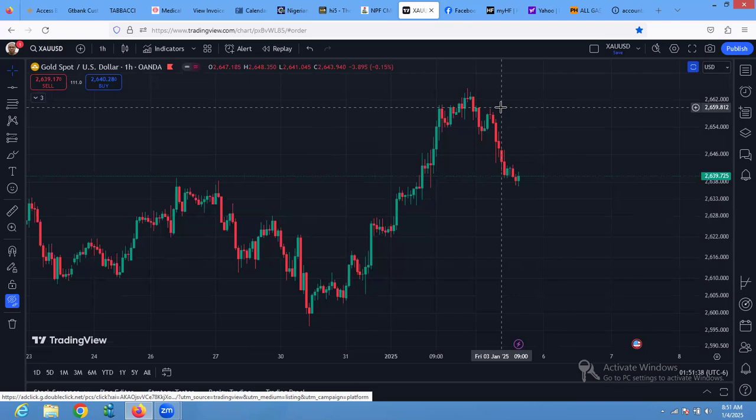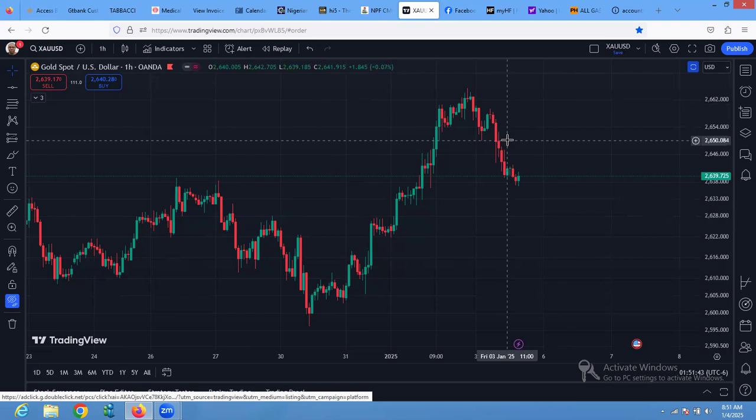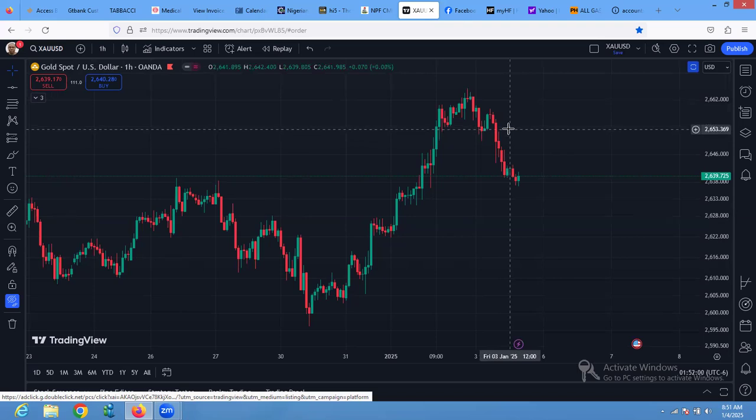So the imbalance here now is between this area, yeah, at 2652, and this point of 2650. Between 2650 and 2652, that's where the imbalance is that we may see price pushing up to.